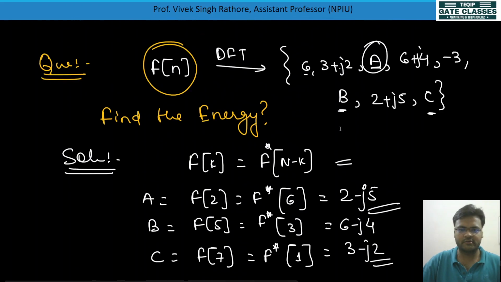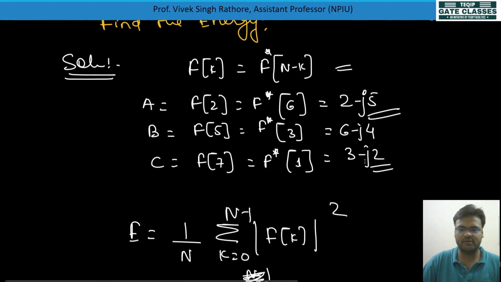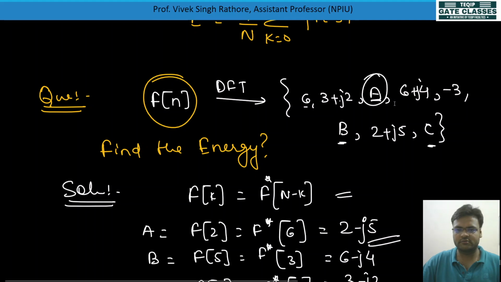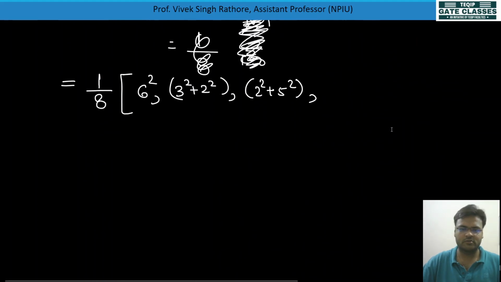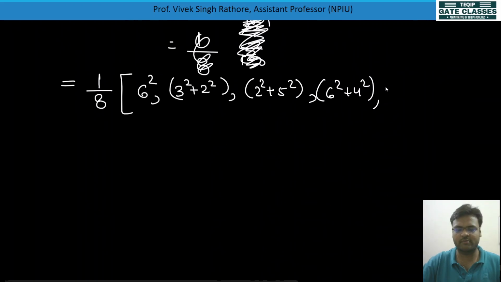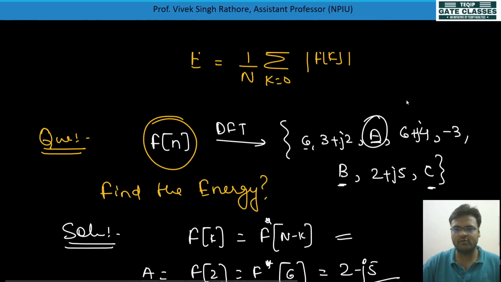Next value will be a, which is nothing but 2 minus j5, so here 2 square plus 5 square will be there, right? And the next value will be 6 plus j4, so 6 square plus 4 square, right? And then the value is minus 3, so minus 3 is mod 3, so 3 square. Okay, and then it will go on.